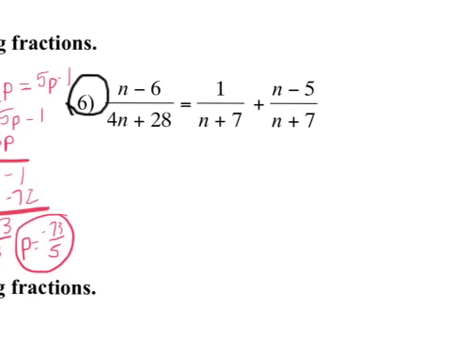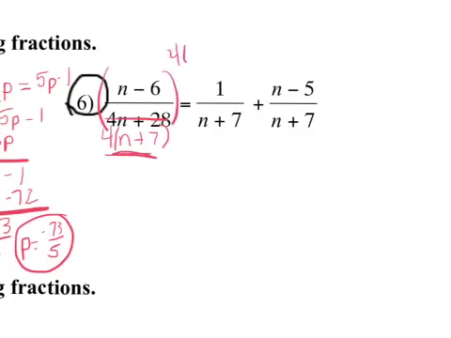Moving over here, again, you're going to want to make sure that you factor the denominator. So this would be 4 parentheses n plus 7. So if we're looking, our common denominator is going to be the 4 times the n plus 7. So if I multiply this one times 4, n plus 7, the denominator cancels out, and we're left with n minus 6.